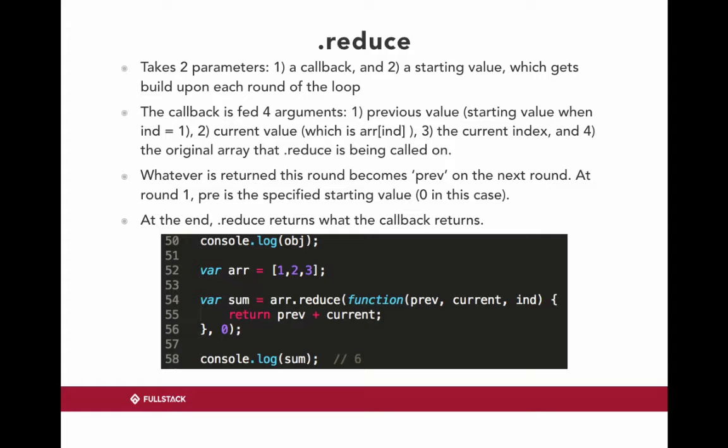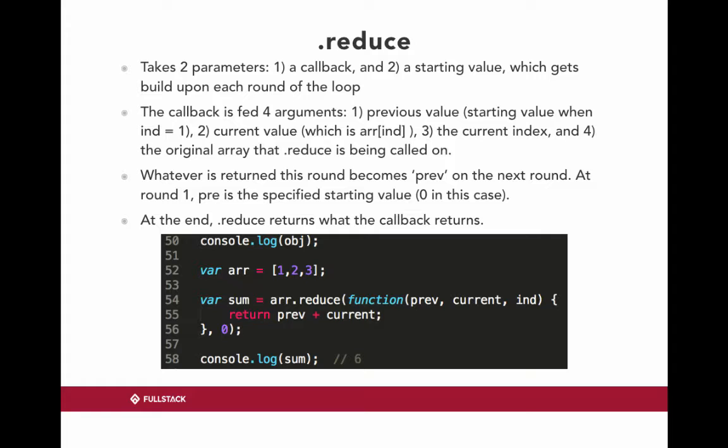And the starting value is very important, or else it's going to return undefined because it started with nothing. And current is the value of the array that you're currently on. So current will be 1, then 2, then 3, and prev will be the starting value, then 1, then 3. At the end of the loop, reduce returns what the callback returns. So you can think of it as reducing an array into one thing.